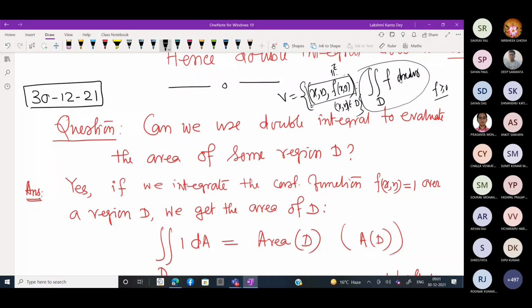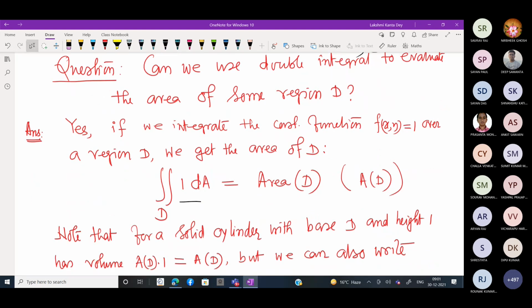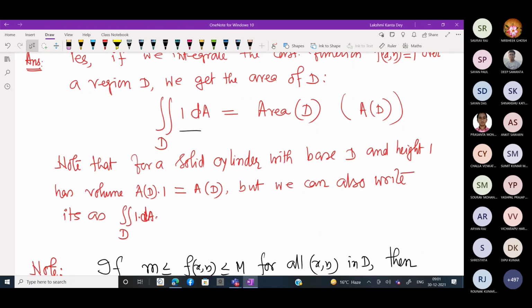Now, if we take the function to be the constant function 1, then ultimately the integral of 1 dA, meaning dx dy, is like the area of D. Sometimes we call it A(D), the area of D. Note that for a solid cylinder with base D and height 1, the volume is A(D) times 1, which is A(D).